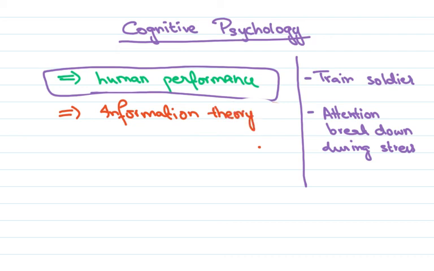Okay, so the second influence was all of the work in computer science, which was really looking at the creation of artificial intelligence, and trying to simulate human intelligence in machines, right?